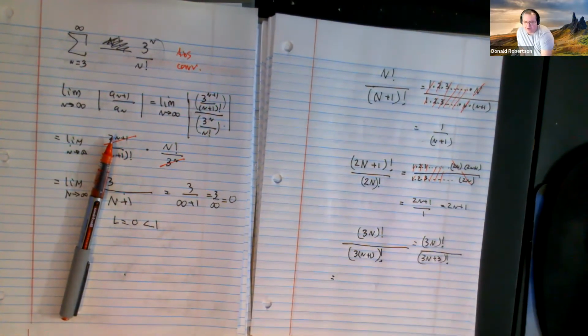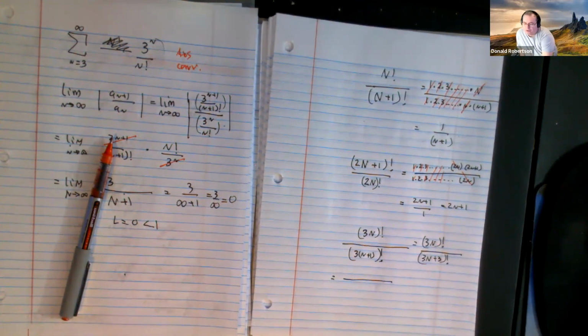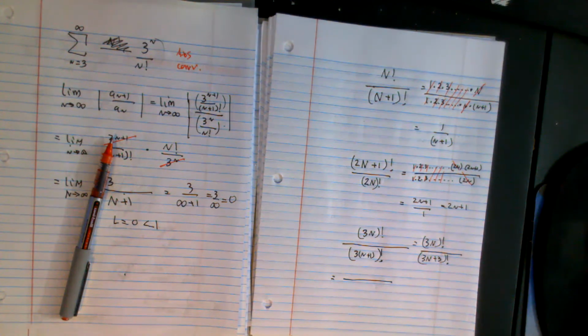This is probably quite extreme. This doesn't happen much, but it could happen. Who's going to win this battle? The 3n factorial or the 3n plus 3 factorial? Who's biggest? Top or bottom? 3n plus 3.